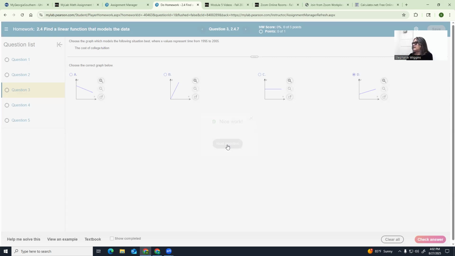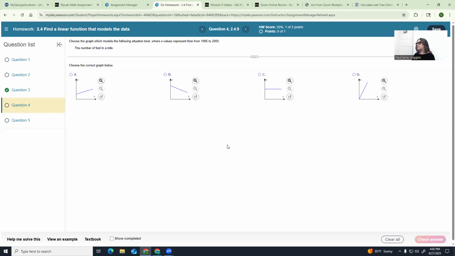Now, the next question is asking us to choose the graph which models the situation best where, again, X values represent time from 95 to 05. I guess I'm doing the same question. And it's the number of feet in a mile. Well, let's do that one. The number of feet in a mile is constant, right? From 1995, there were 5,280 feet in a mile.